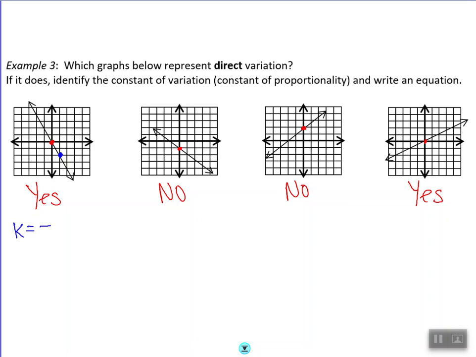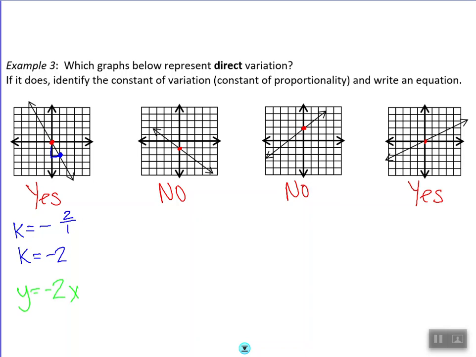Then we look for the vertical change, which is 2, and then the horizontal change, which is 1. So our slope is just -2/1, or -2. When we write our equation, we have y equals -2x.